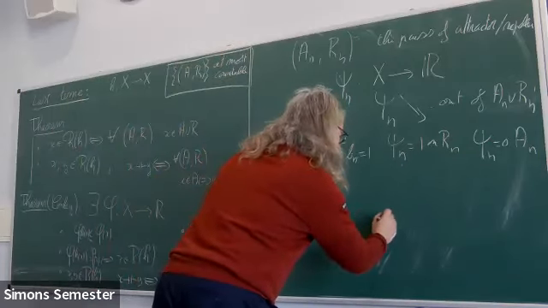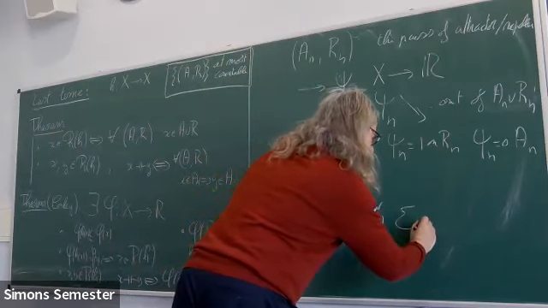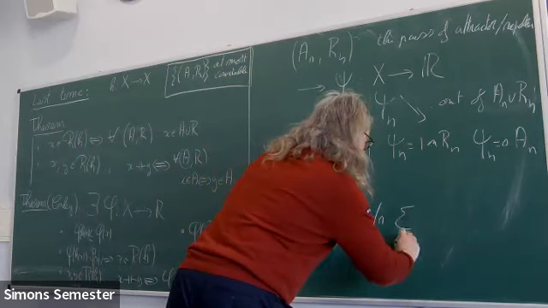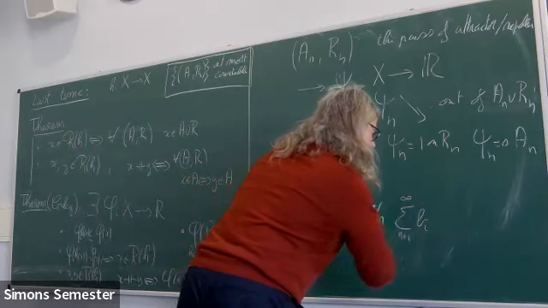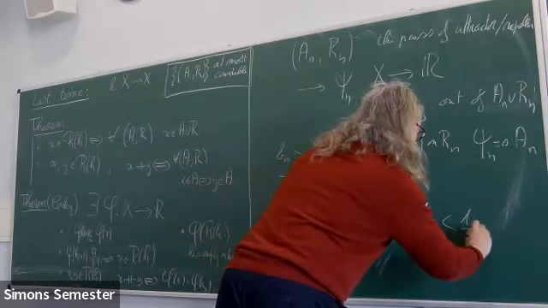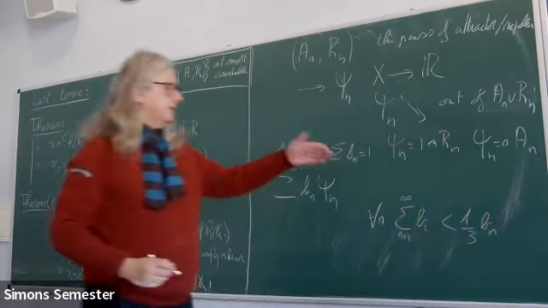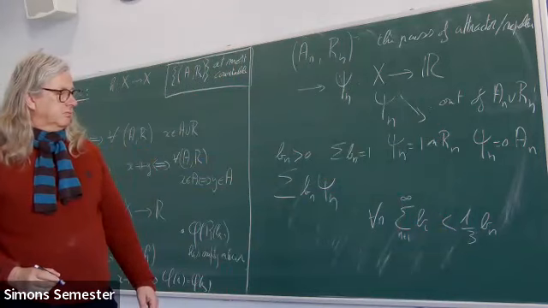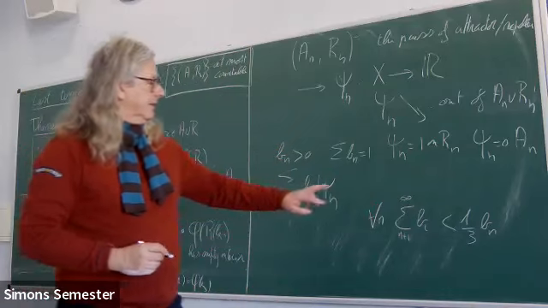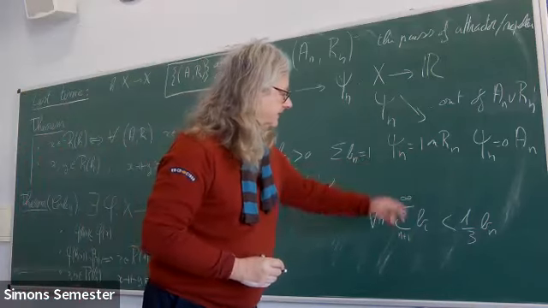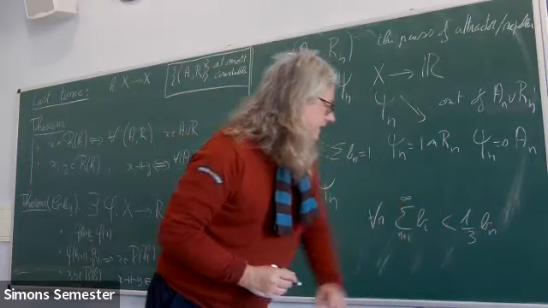Let's assume that for any n, the sum from n plus 1 to infinity of the Bi is less than 1 over 3 Bn. So I ask for very fast decreasing. This ensures that the sum of the next terms cannot compensate the term Bn.